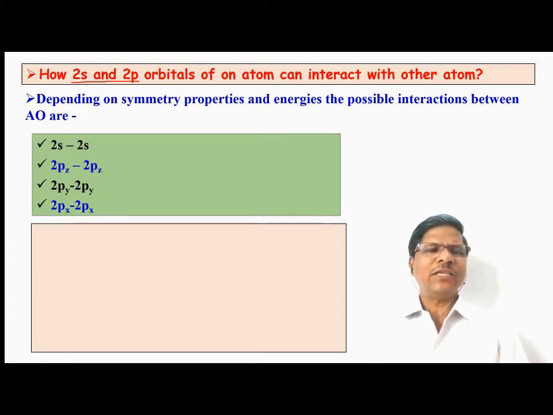So which interactions are possible? 2s with 2s, 2pz with 2pz, 2py with 2py, 2px with 2px.